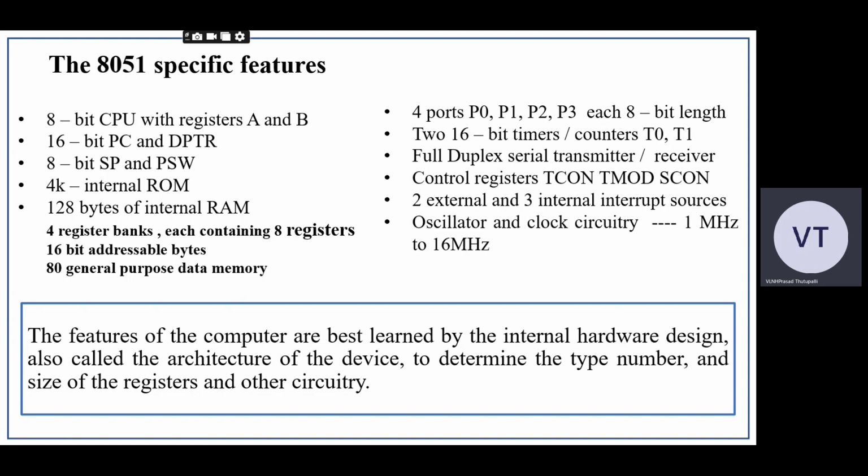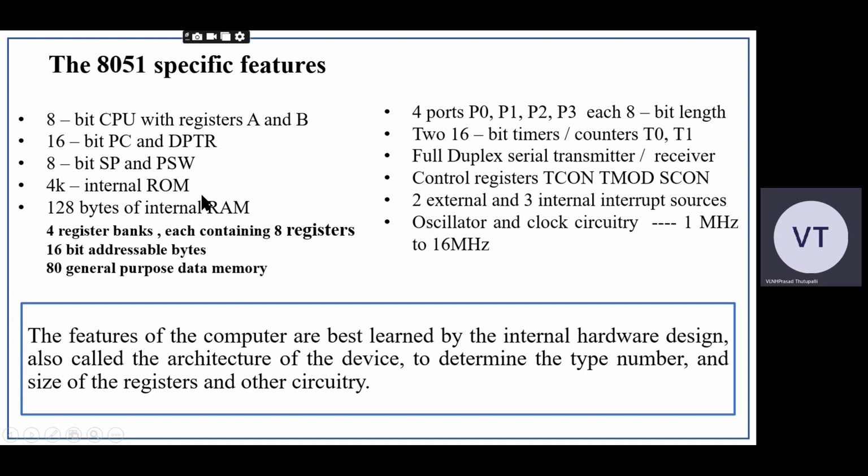The 8051 is an 8-bit microcontroller with registers A and B. It has a 16-bit program counter and data pointer, and it comes with an 8-bit stack pointer and program status word. It comes with 4 kilobytes of internal ROM.